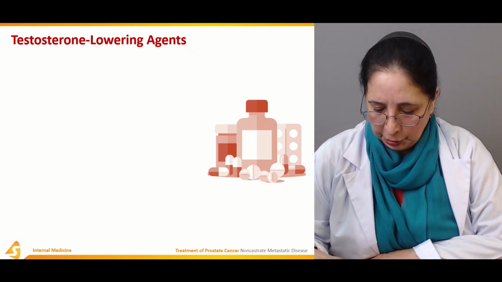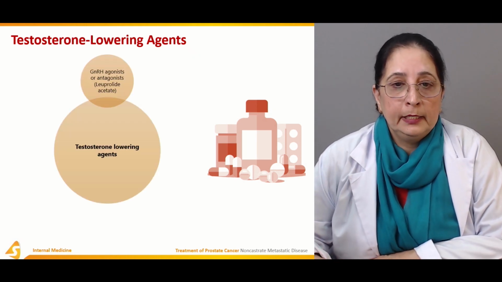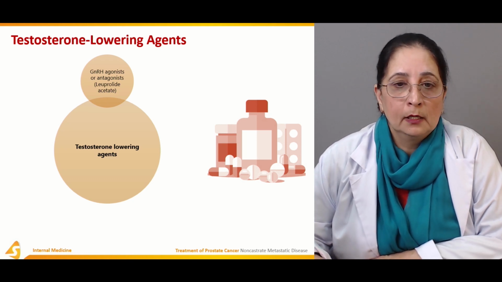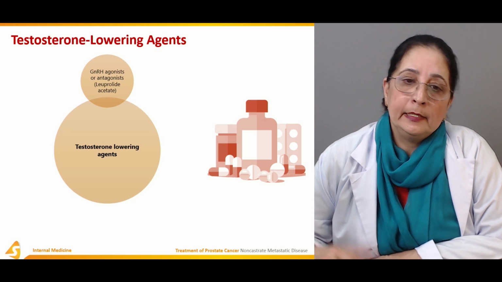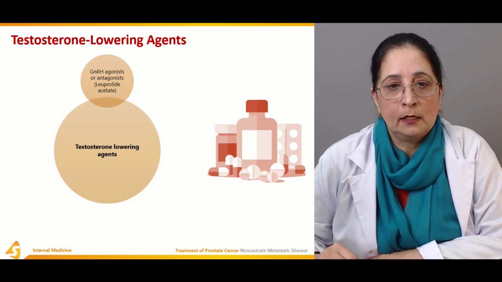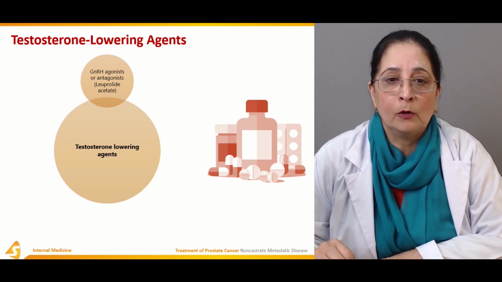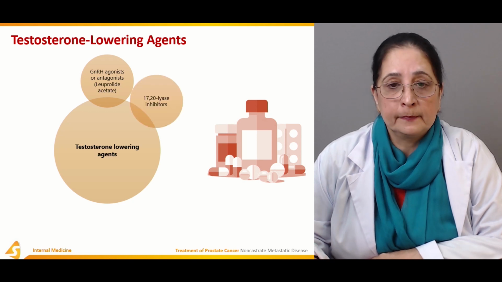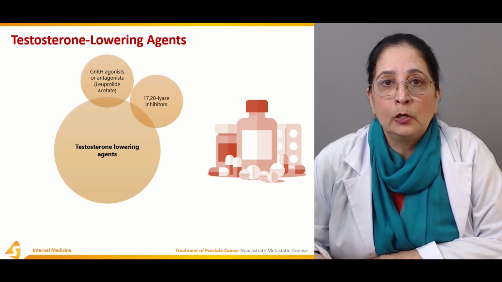Testosterone lowering agents: the gonadotropin releasing hormone agonist or antagonist, such as leuprolide acetate, can be used as a testosterone lowering agent.